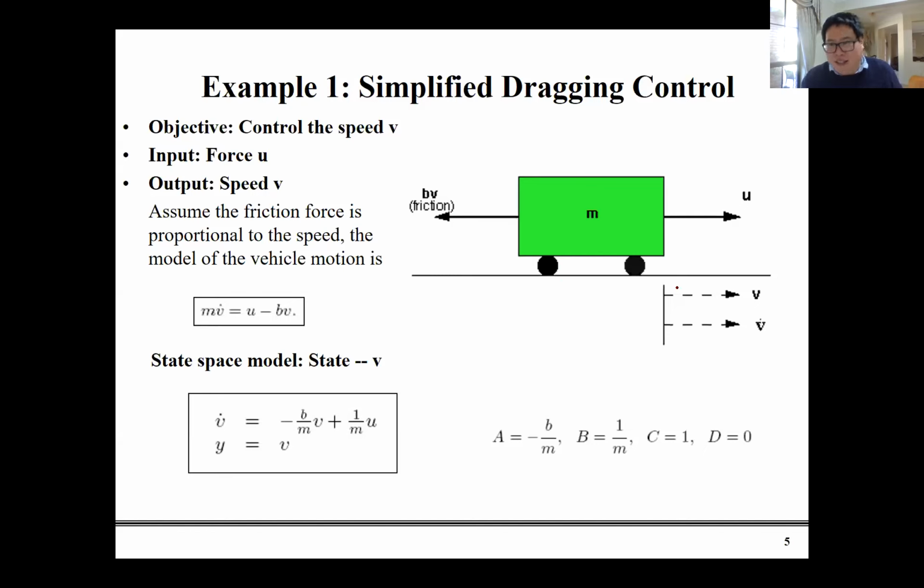Then let's see what we have for the sum of the forces. The sum of the forces is first the input force U minus the friction, and the friction is a linear function of the speed. Then we can write the sum of the forces the car has as U minus bV, where V is the speed of the car.